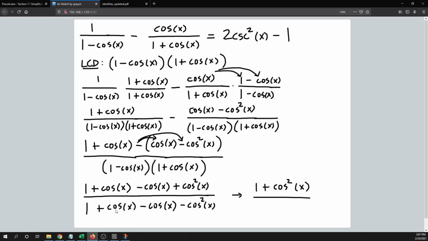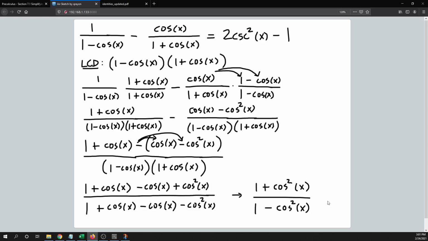And so here, likewise, they simplify and give you just 1 minus cosine squared x. Okay, so so far so good here, right? We've done a lot of algebra and we've combined this fraction and simplified it down to have this right here.